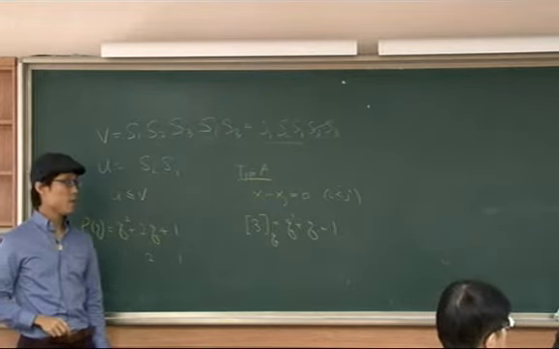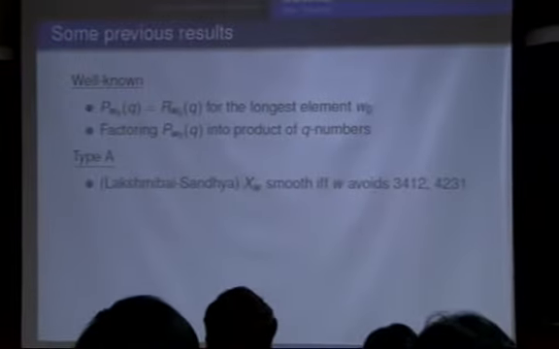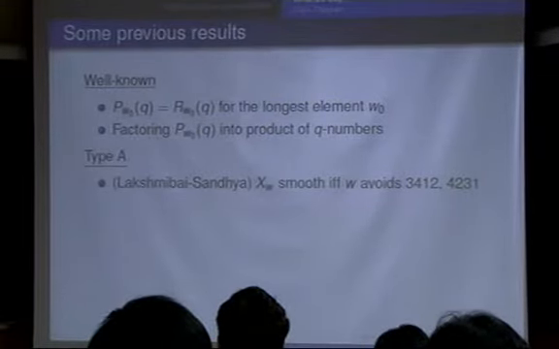Okay, for type A, Lakshmibai and Sandhya proved that this Schubert variety is smooth, equivalently rationally smooth, if and only if W avoids these two patterns.